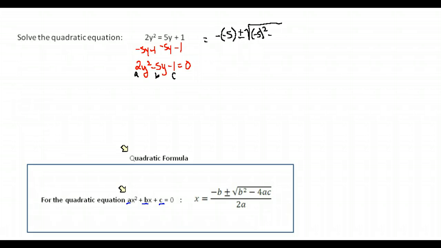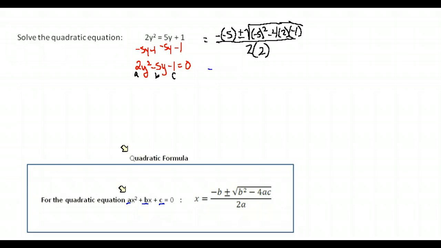You want to be really careful on these. There are some common computational errors that can happen. Minus 4 times a, which was the 2 in front, times c, the end term, which is negative 1. The whole thing is divided by 2 times a, which again is that leading coefficient of 2.